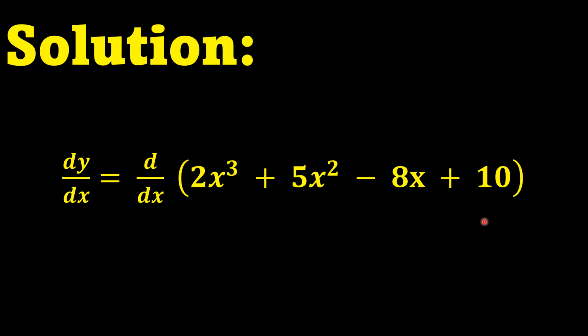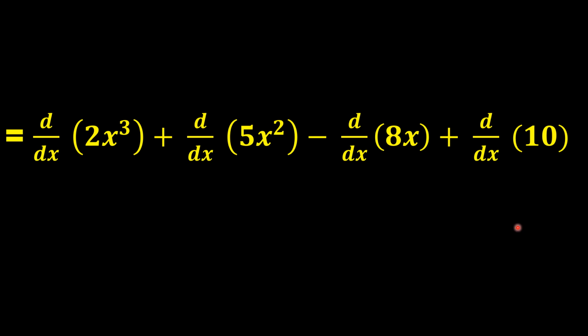Okay, so start always with this equation. The derivative of y with respect to x is equal to the derivative of the whole function given, 2x cubed plus 5x squared minus 8x plus 10 with respect to x.